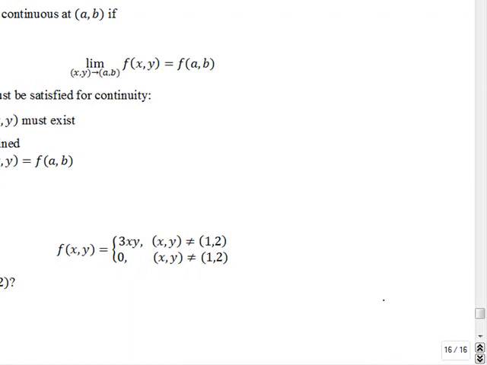If any one of these conditions is not satisfied, the function is discontinuous at (a,b). They all have to come together for you to have continuity. Okay?